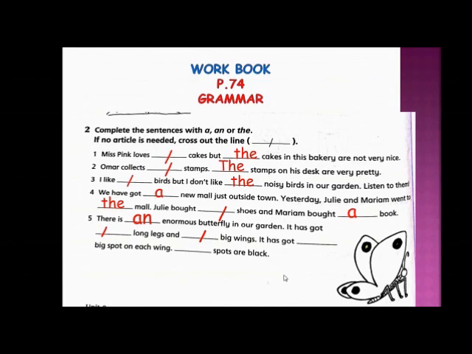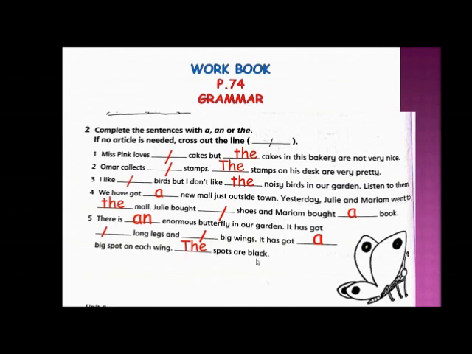The spots are black. Those are particular spots. I hope you understand now the difference between the 3 articles, a, an, and the.